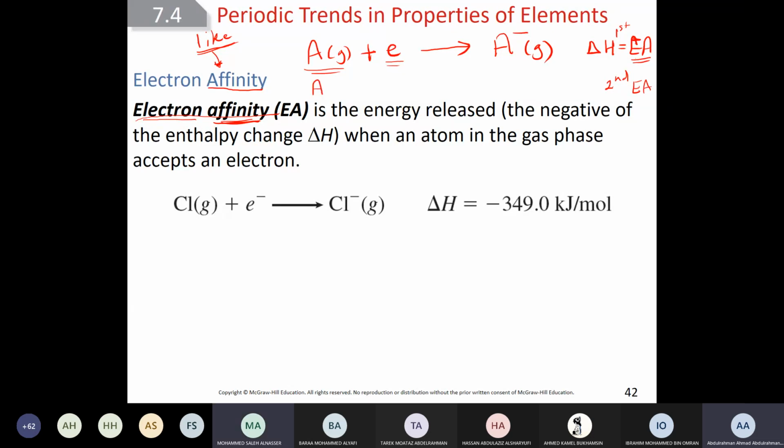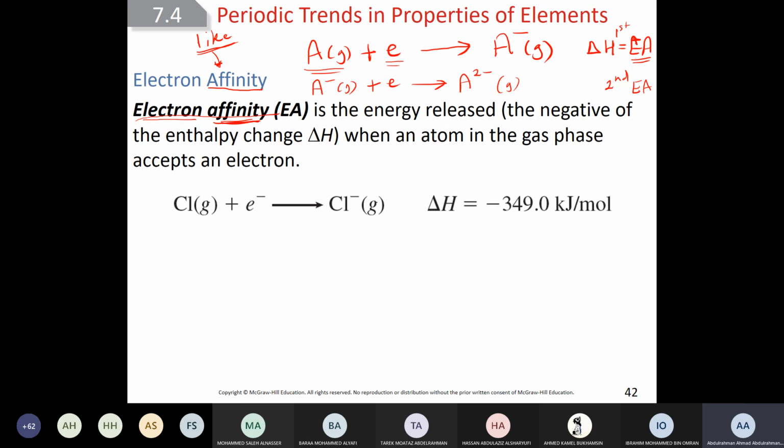A minus gas plus E goes to what? A minus 2. Exactly. This is called electron affinity.